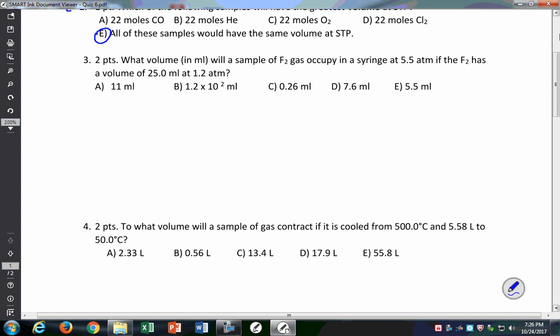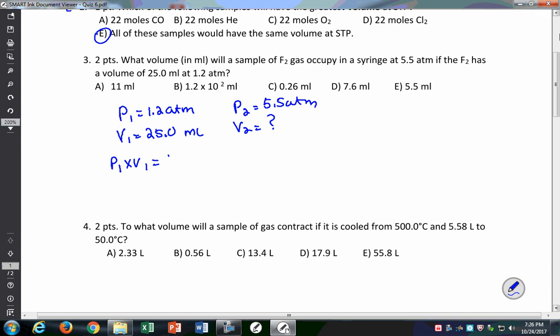So P1 is 1.2 atm, V1 is 25 milliliters. Then we applied some pressure, so P2 is 5.5 atm. We want to know V2. V2 is going to come out in milliliters because that's what V1 is. As long as P1 and P2 are in the same units, we're good. So P1 times V1 is equal to P2 V2.